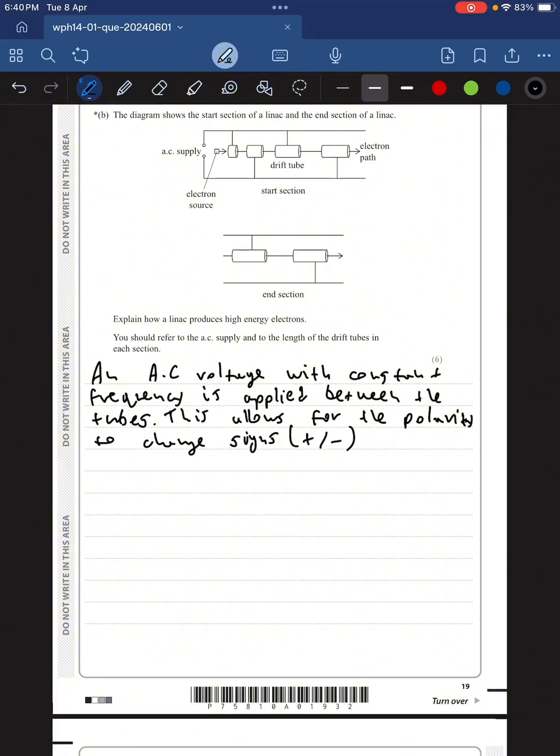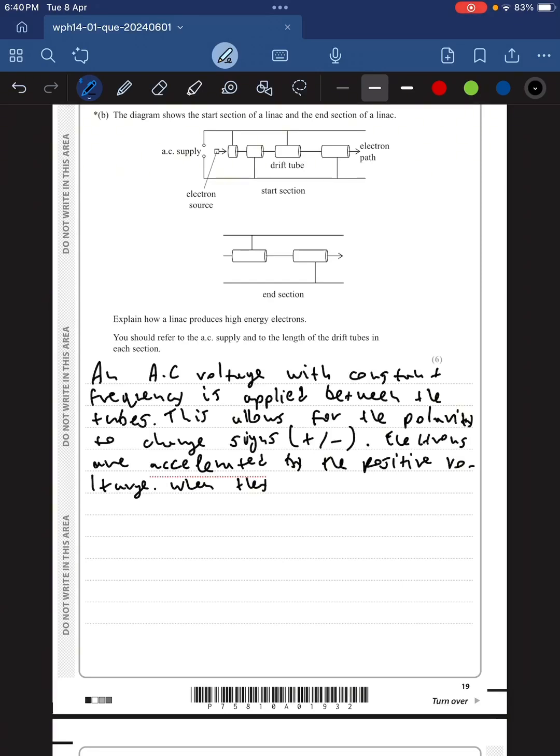Okay, electrons are accelerated by the positive voltage. When they reach the middle, by the way, I made a mistake here, it should be voltage.